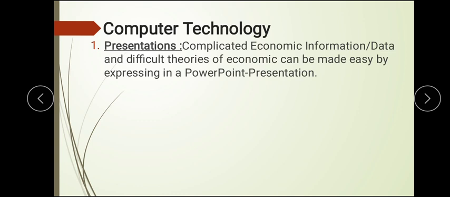In the same way, many researchers try to explain the theories of different economists by the help of PowerPoint presentation. They take the data, convert it into an easy format, put it into different slides, and then it is explained by the tutors.